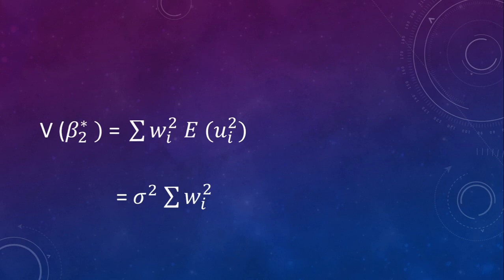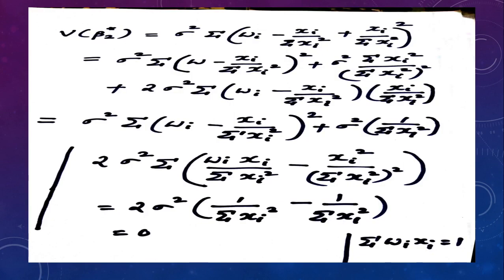Here the weight is different, so variance of beta 2 star is equal to sigma wi square into expected value of ui square, and from the assumption of the classical linear regression model, we know that expected value of ui square is equal to sigma square. So variance of beta 2 star is equal to sigma square into sigma wi square.